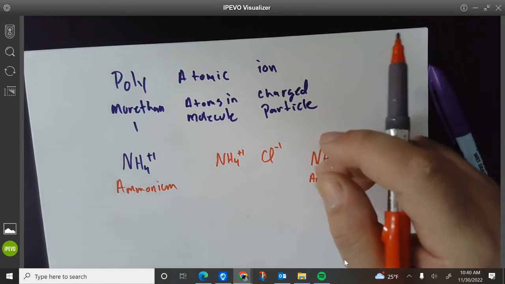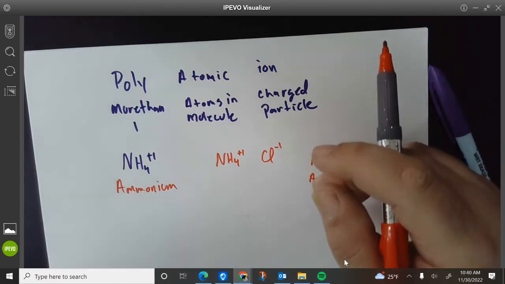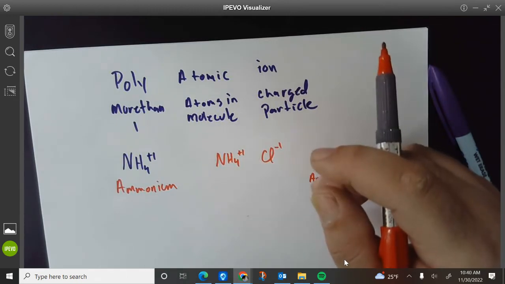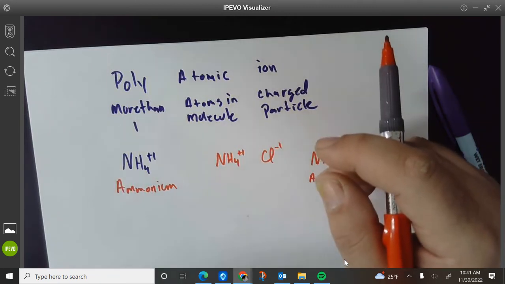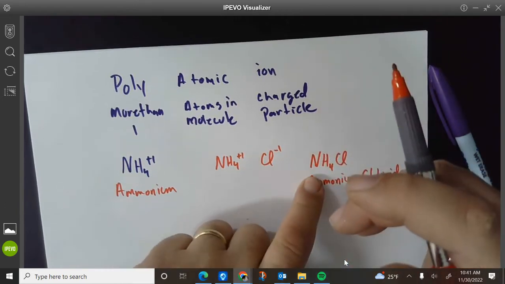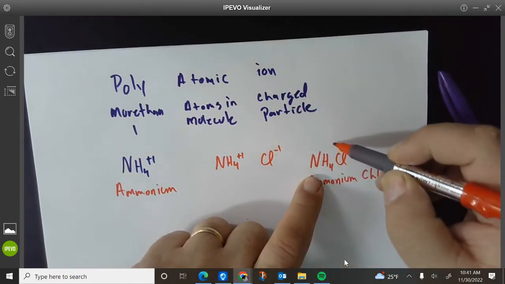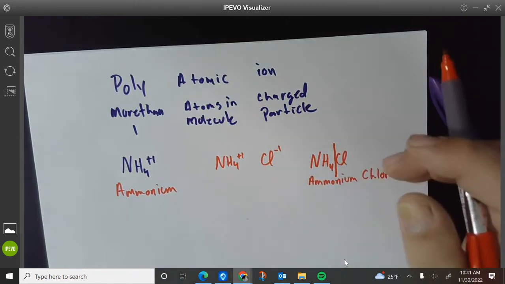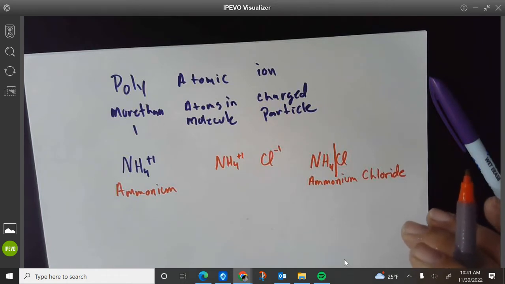So I see a formula. The first thing I'm going to say is, does it begin with a metal? If it's yes, I would draw a vertical line right after that metal. And I'll explain why in just a second. If my answer is no, I'm going to ask, does it start with ammonium? In this case, it does. NH4 is ammonium. It starts there. So if I draw my imaginary line, you don't have to actually draw it, but think there's an imaginary line right after the cation.